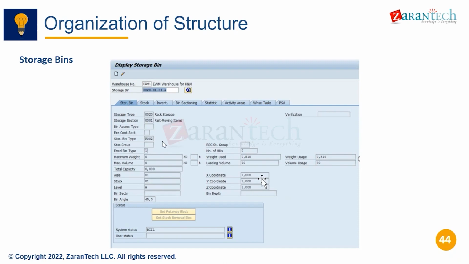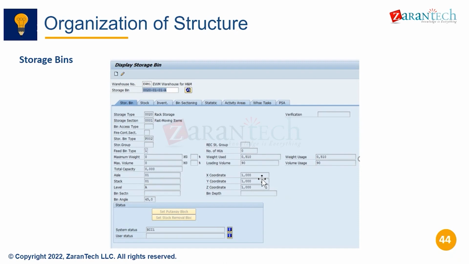Suppose you need to do a physical inventory, where you physically want to go and see what is in the bin. To perform that activity, you have to set this indicator as a put away block.